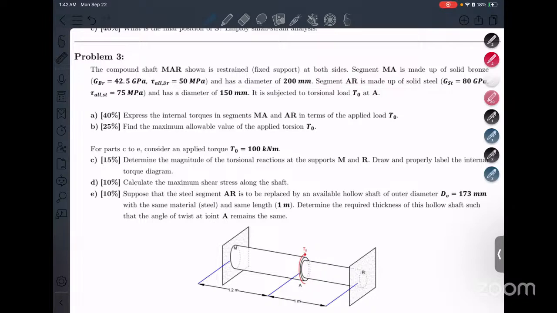Okay, so now the first thing asked of us is to express the internal torques in segments MA and AR in terms of the applied load. I guess just game sense then with like exams. This is the largest chunk of the question, which probably implies that useful siya to the rest of the problem.